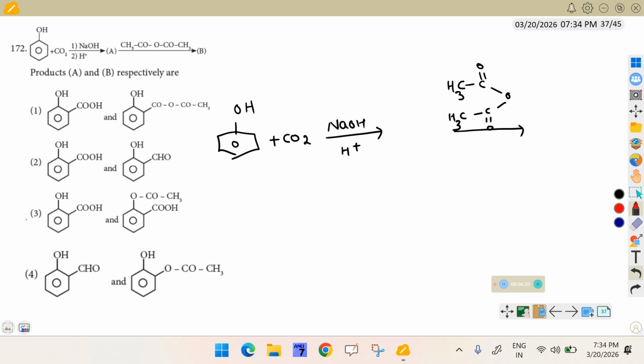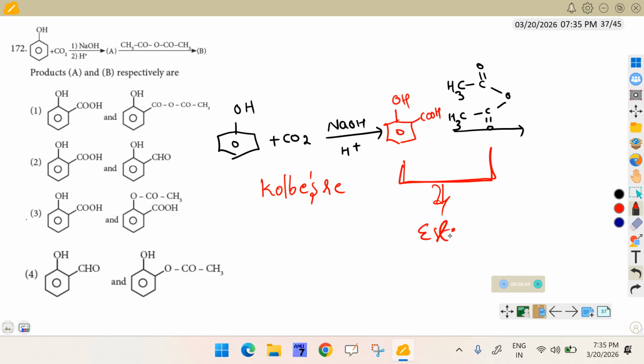Reaction is given. Phenol reacts with CO2. Yes, this is called the Kolbe reaction. The first half is the Kolbe reaction. Then it gives OH, COOH, salicylic acid. Salicylic acid reacts with acid anhydride. We know that alcohols react with acid anhydride. This is the esterification process.